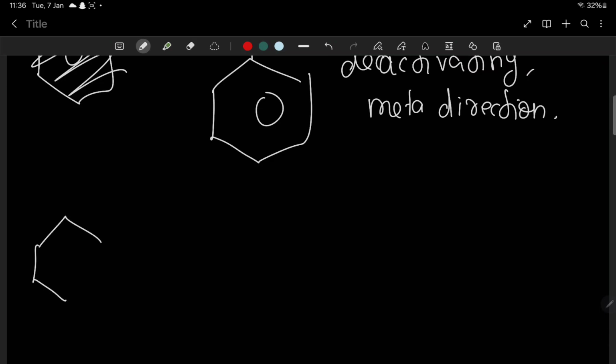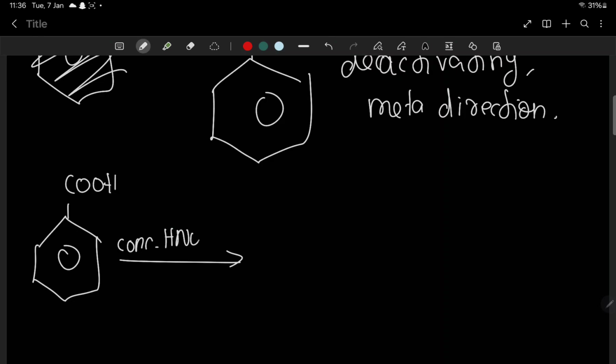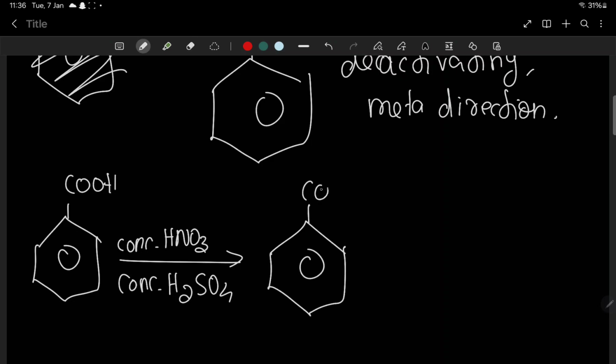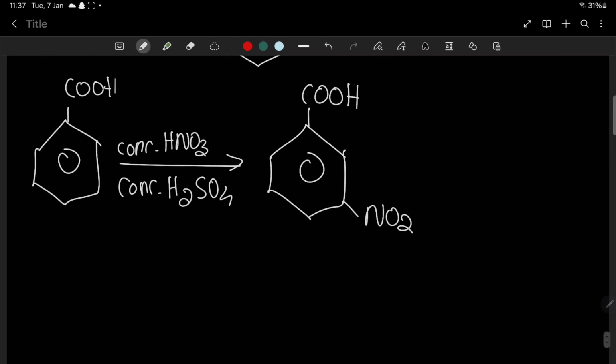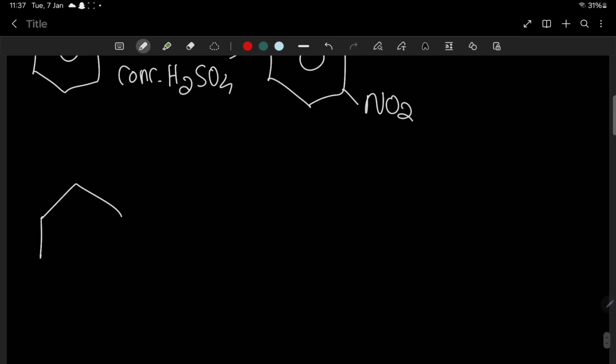So the first reaction we are going to deal with is benzoic acid, COOH, with concentrated HNO3 plus concentrated H2SO4, that is nitration. Here NO2 goes and joins at the meta position, not para or ortho, meta position. Okay, this reaction. Now halogenation, COOH.